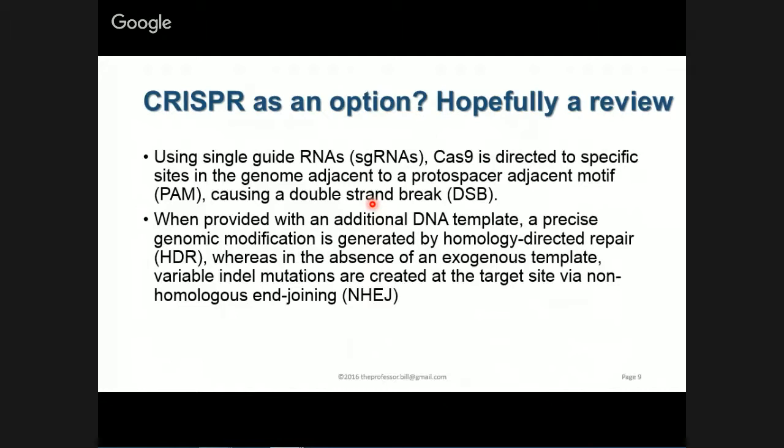And those indels were important. Indels were shown by both Roger Nichols' group as well as Feng Zhang's group to occur after Cas9 directed double strand breakage.